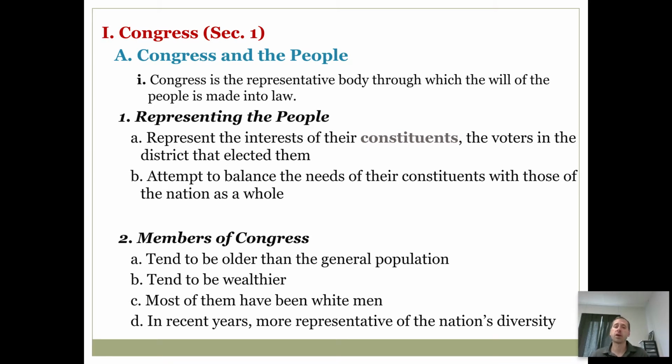Over the years, though, especially the past 10 or 20 years, Congress has become more representative. They've become more diverse, with more religions represented and more ethnicities represented. But if you were to look back at the history of Congress, they were older white men. And that's changed, though, for the better.